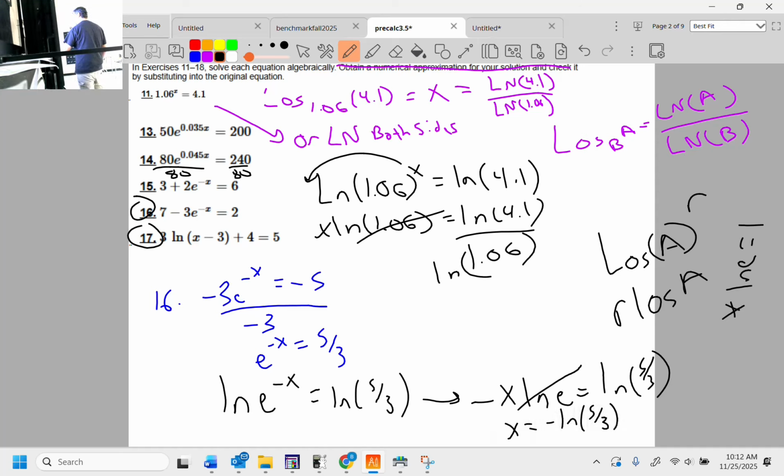Now, if I wanted to be a tricky person, and sometimes I am, I would write that differently. How do we break apart division? Subtraction. Fraction. And there's two things here. Parentheses matter. Negative, parentheses, natural log of 5 minus the natural log of 3.